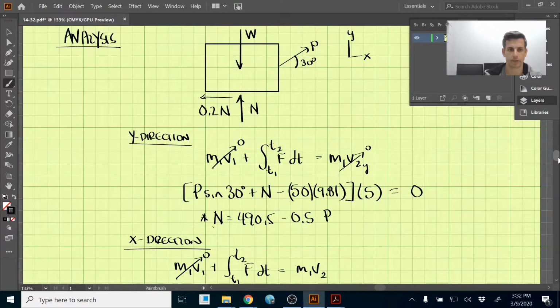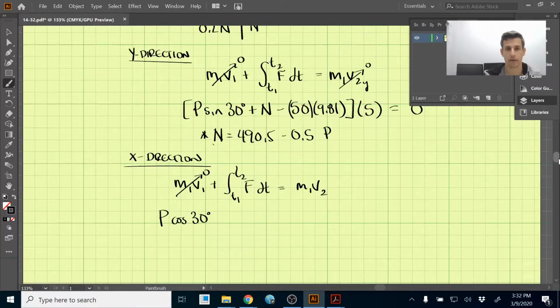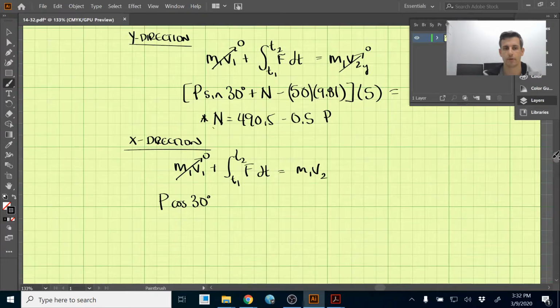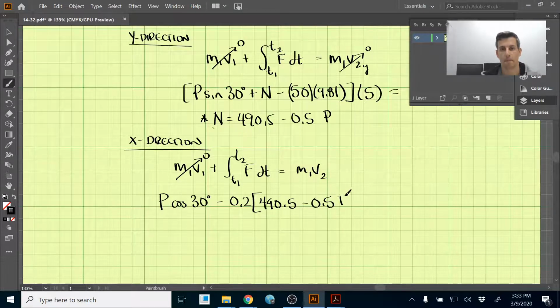And what other forces do we have in the x direction? This 0.2 times the normal, and that's acting in the negative direction. And we know the normal here is 490.5 minus 0.5 P. And don't forget, these are the forces here, we need to multiply those times the time, 5 seconds, to complete this term here.